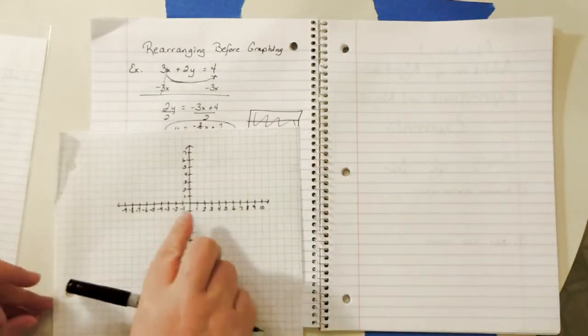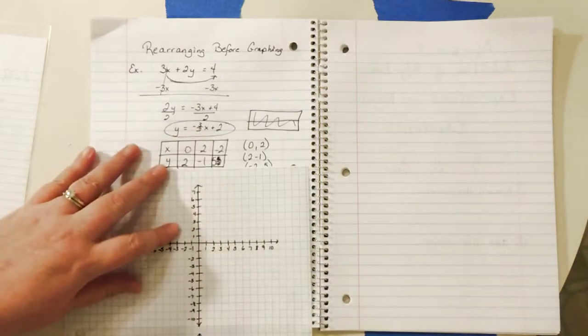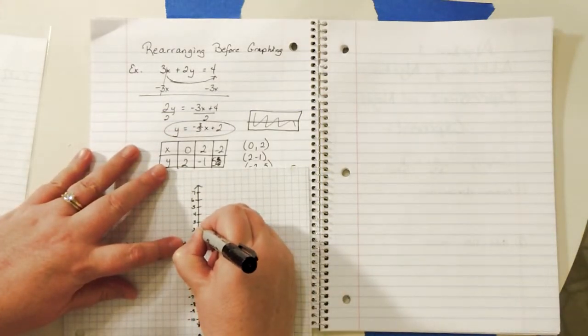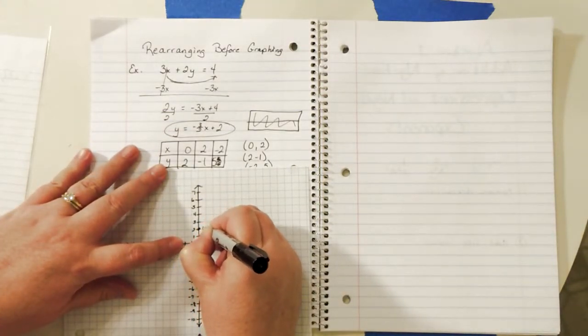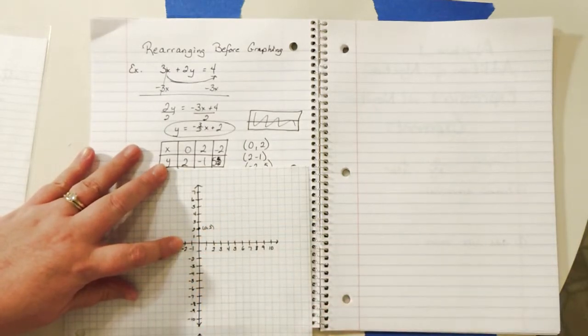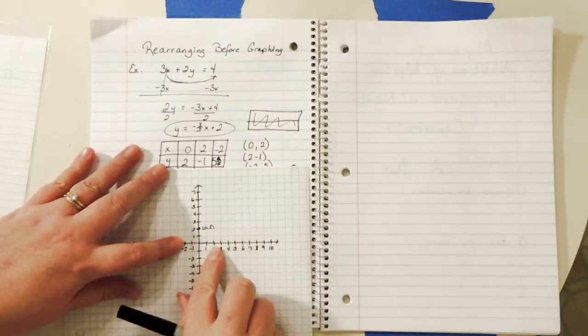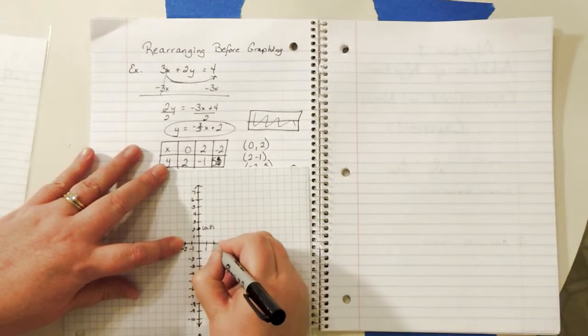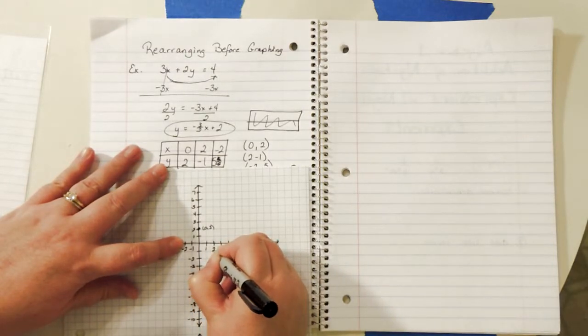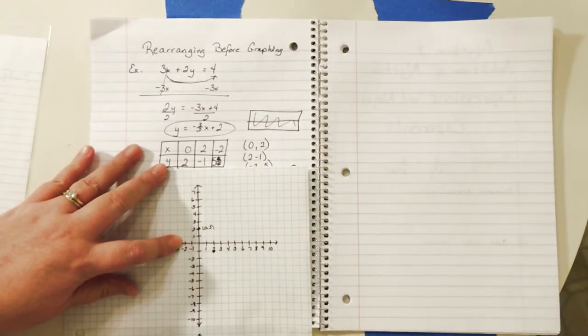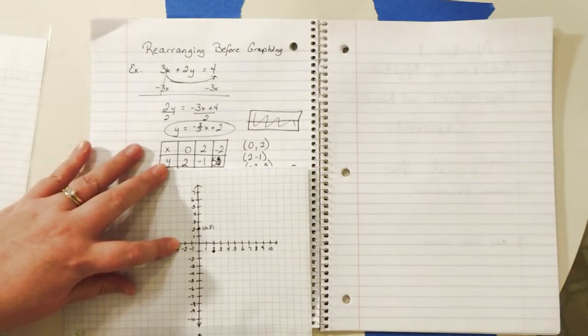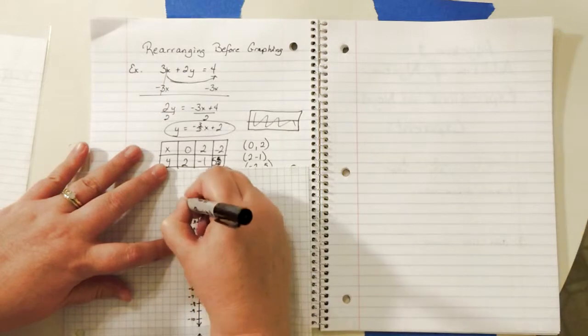So we'll start with, if the x is 0, then y is 2. If x is 2, then y is negative 1. So right there. If x is negative 2, then y equals 5.